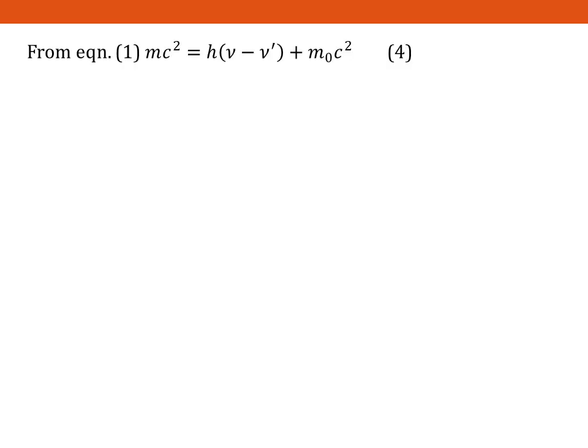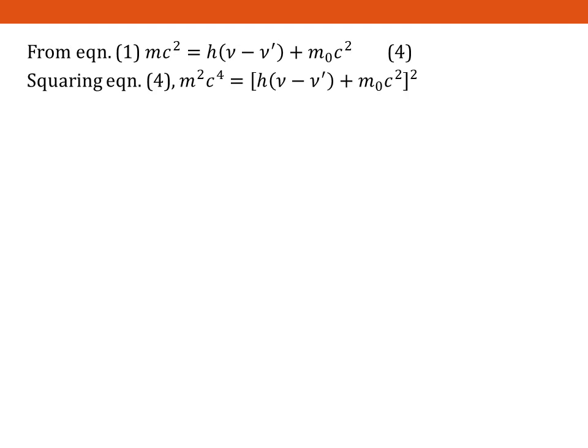We use equation 1 and we have mc² = h(ν − ν′) + m₀c², which we term as equation 4. We square this equation 4 and we have m²c⁴ = [h(ν − ν′) + m₀c²]².